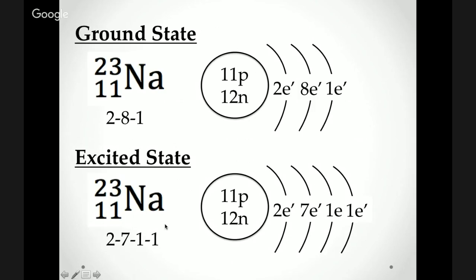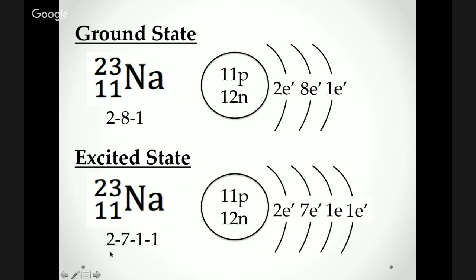You can have one, you can have more than one. And what we see is the Bohr model has changed. We also want to recognize that we did not gain or lose electrons, because here we have 2 and 8 plus 1, that's 11, which, by the way, electron number equals proton number and atomic number because it's an atom.